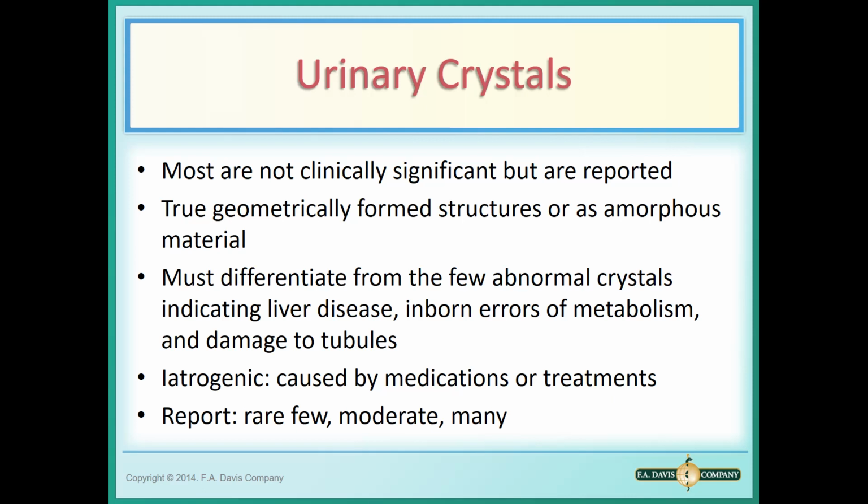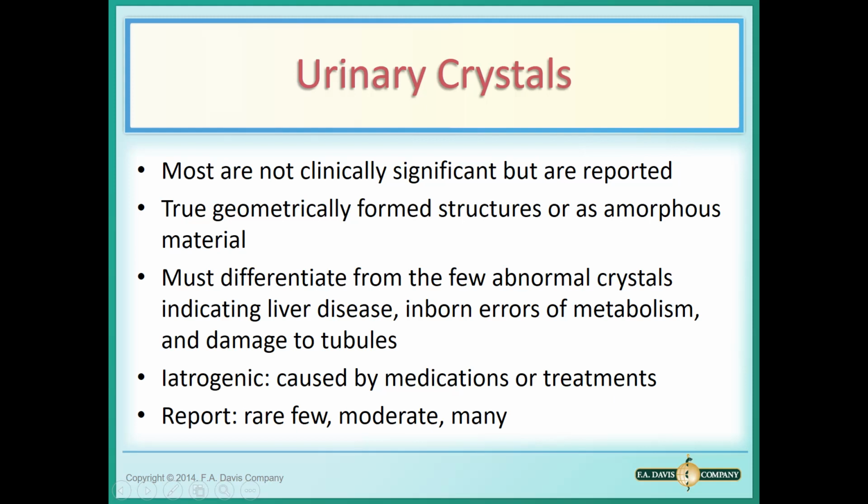Some of them can be just formed within the urine from normal constituents in the urine. Some can be formed because of the way we process the urine, refrigerated it, for example, like amorphous. Some can form from, again, some of those diseases that we're concerned about. Some can be formed, they're forms of medication or treatment, iatrogenic.